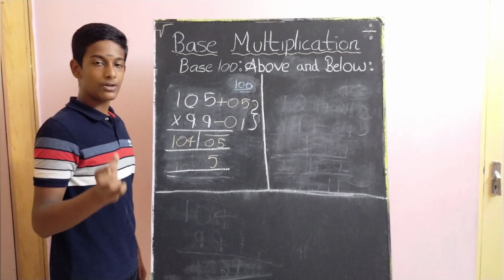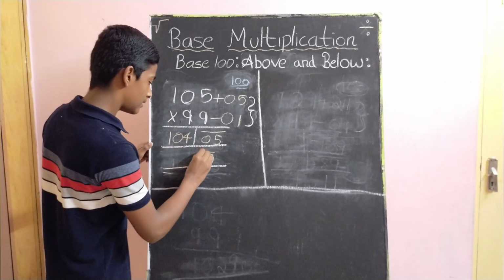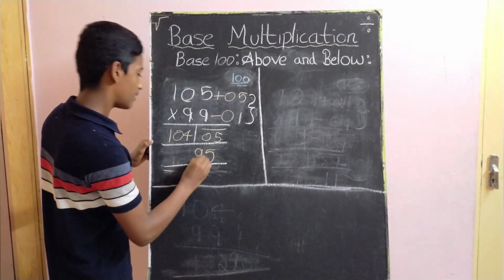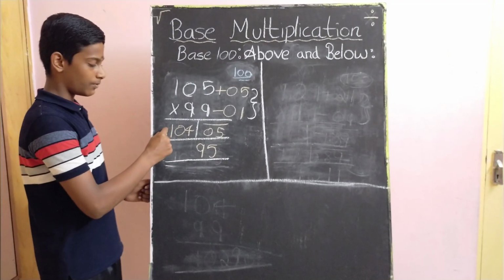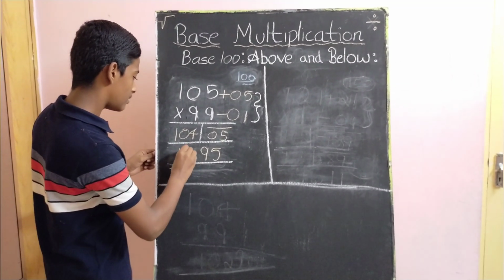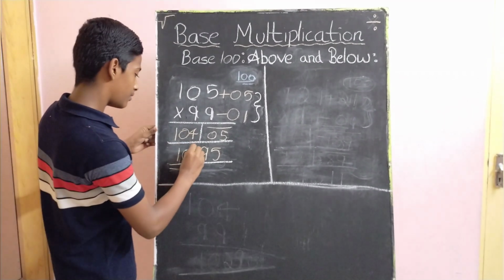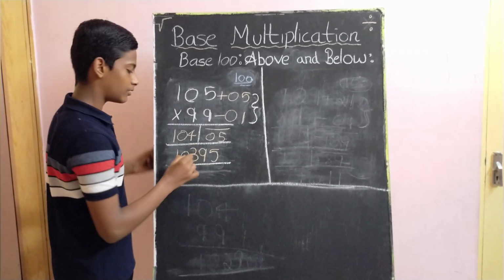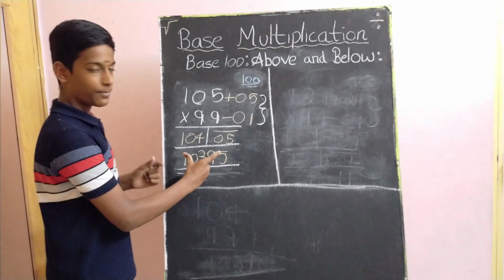So 0 subtracted from 9 gives us the same number, 9. And we are not writing down 104 as it is. Instead, we are reducing one from 104, which gives us 10395. So this is our product.